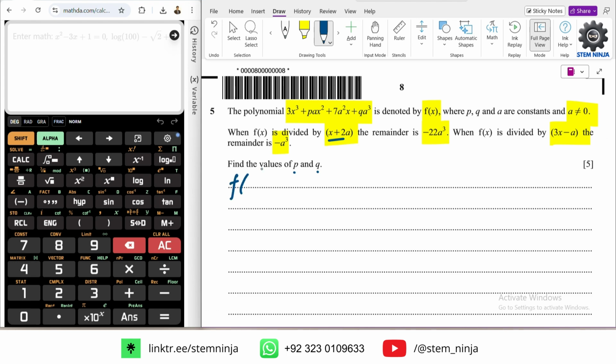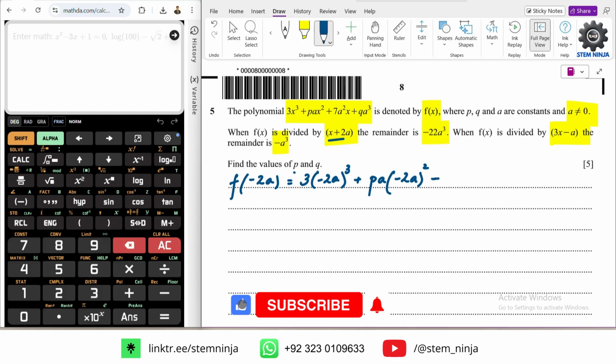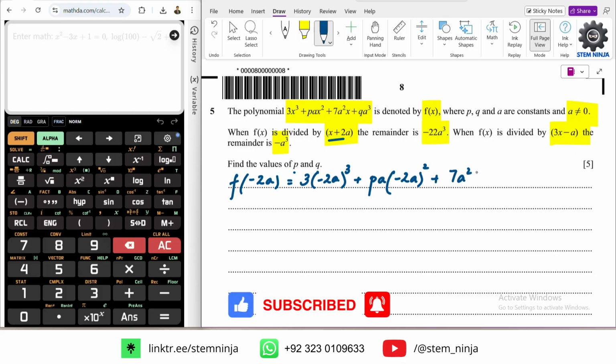This would mean that this is minus 2a, right? So 3 times minus 2a cubed plus p times minus 2a squared plus 7a squared times minus 2a plus qa cubed.